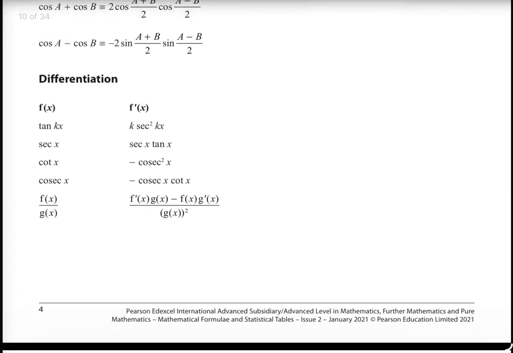The derivative of cosec is cosec cot, and you can remember sec because it's the same except that it's negative. So it's negative cosec cot, not something I carry in my head, but something that I do know how to get from what's in the formula booklet, with a little memory trick there.